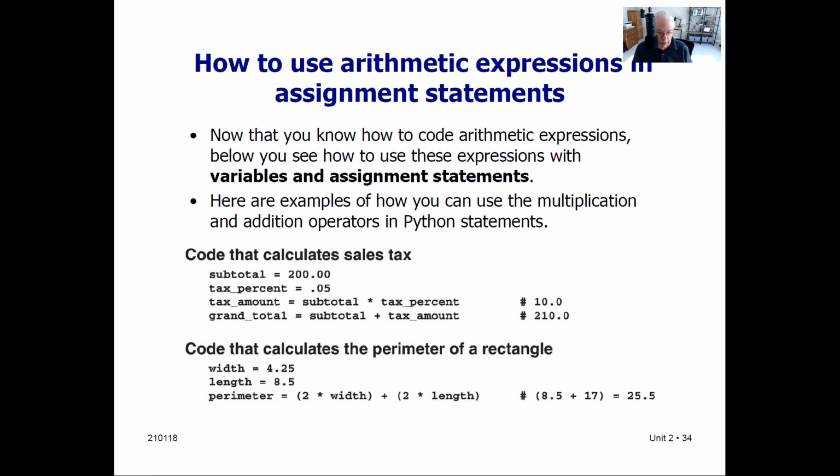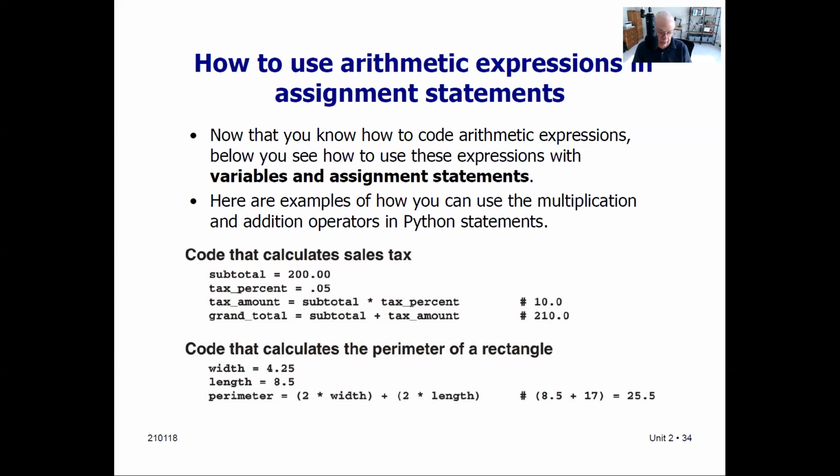In the bottom example here, we're calculating the perimeter of a rectangle. That's all the four sides basically added together. And we're going to do it using addition and multiplication and parentheses to get our precedence in the right order. So the first thing that's going to happen is we're going to multiply a width, which is a float, 4.25 times 2, and add that to the length multiplied times 2.